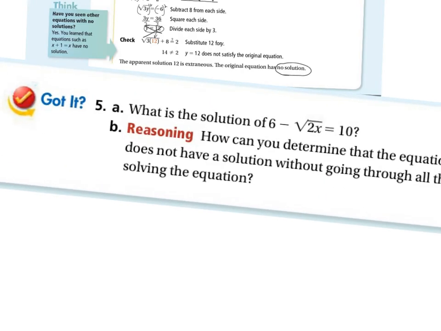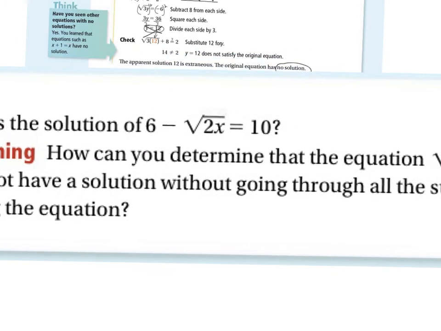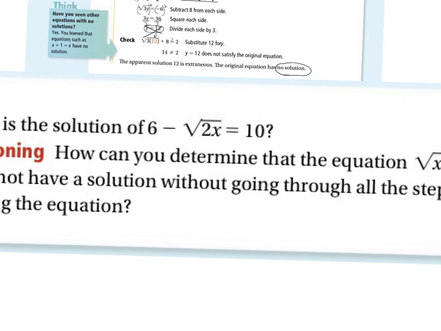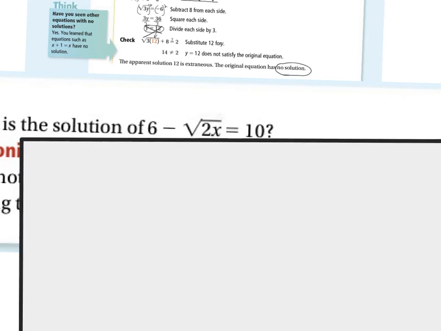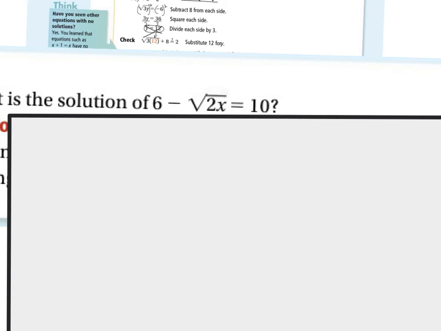So if you look at the next problem, we've got a problem we can look at here. So we're trying to get the radical by itself first here. Notice this is a positive 6. So to get rid of that, we need to subtract 6 on both sides.